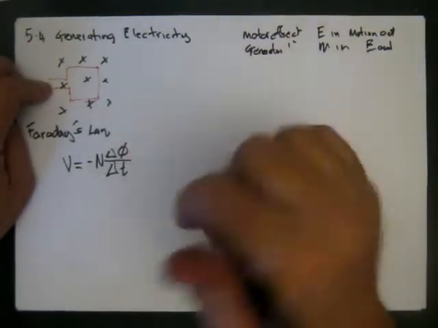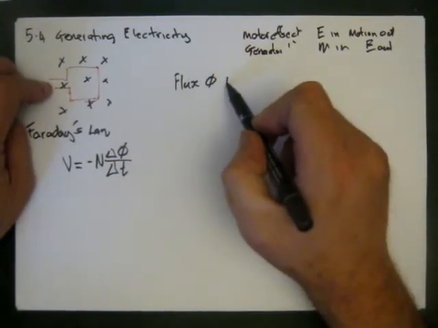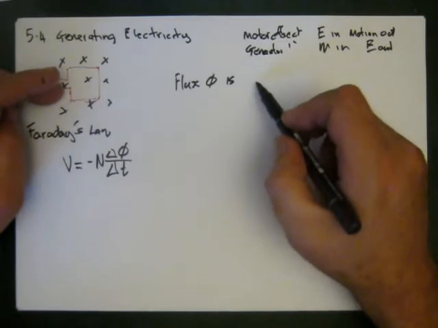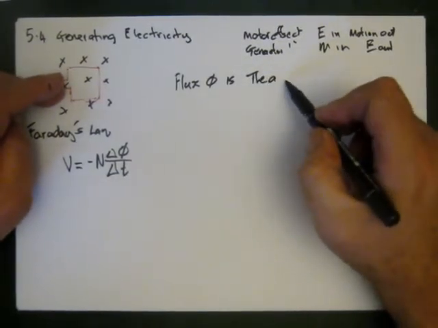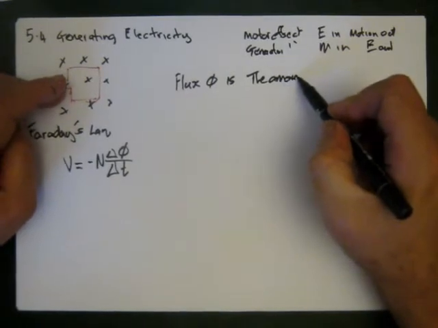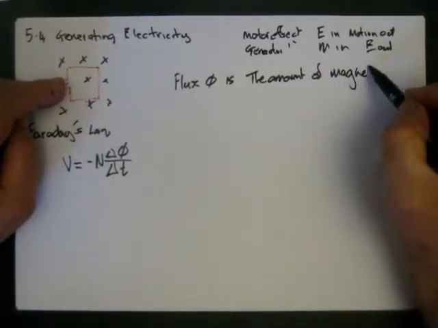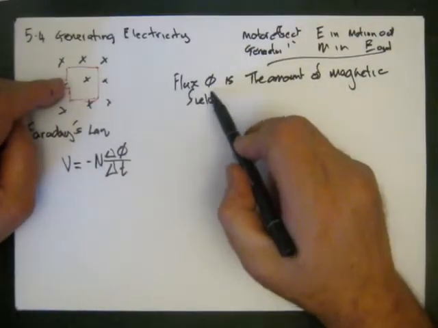Now what's flux? Flux is the magnetic field times the area, the amount of magnetic field contained in an area.